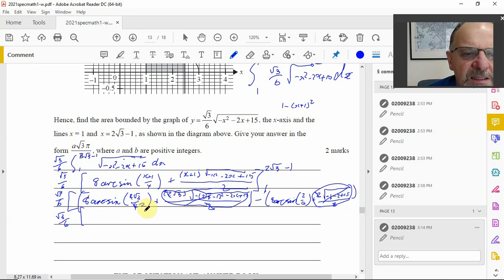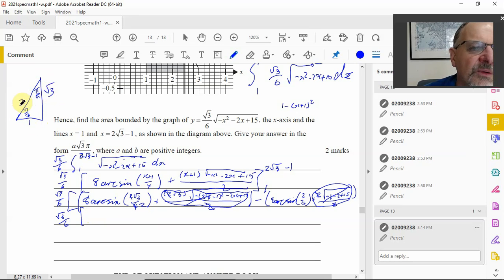So 8 arc sine root 3 on 2. So here we go, triangle: pi on 3, pi on 6, root 3, 1 and 2. So root 3 on 2, there it is.